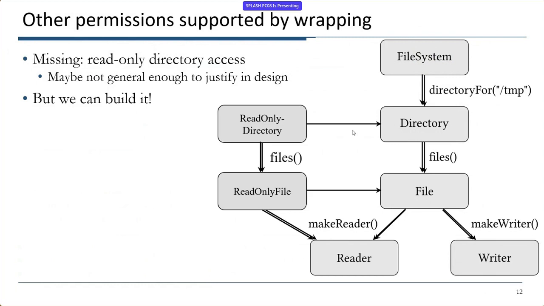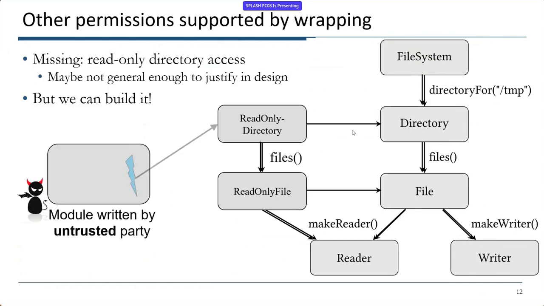So with these wrappers, it's a standard technique in capabilities. We just adapted it here. But the point is, even if it's not built in, we can build this abstraction, and we can give our third-party library perhaps directory read-only access to some directory without giving them full access, for example. Okay, so a small thing, but it points out the adaptability of a capability-based design.